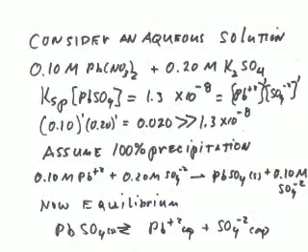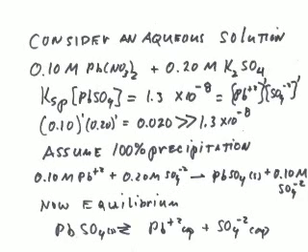So let's consider a simple precipitation question. Consider an aqueous solution that we made 0.1 molar lead nitrate and 0.2 molar potassium sulfate to start with. What's going to happen? Well, the Ksp for lead sulfate, 1.3 times 10 to the minus 8, suggests that we're probably going to get a precipitate.